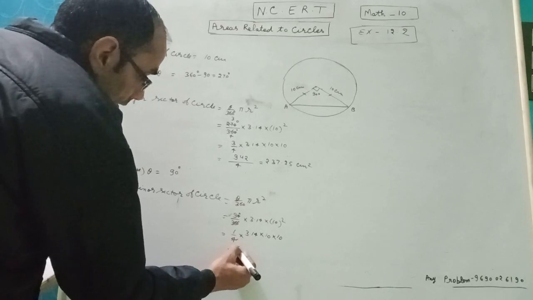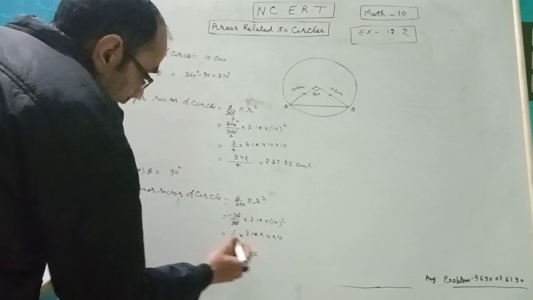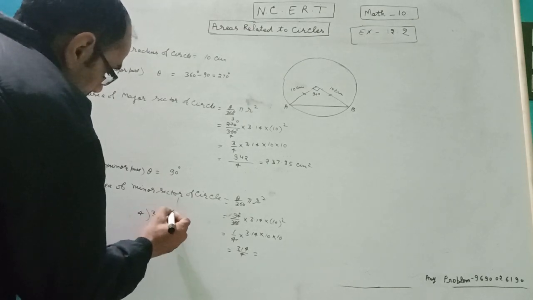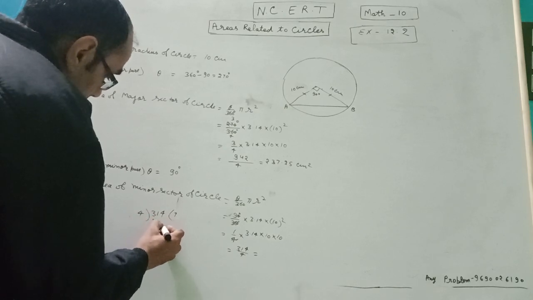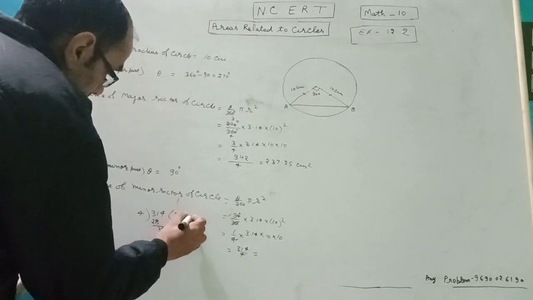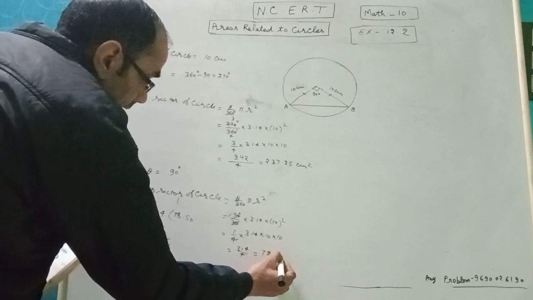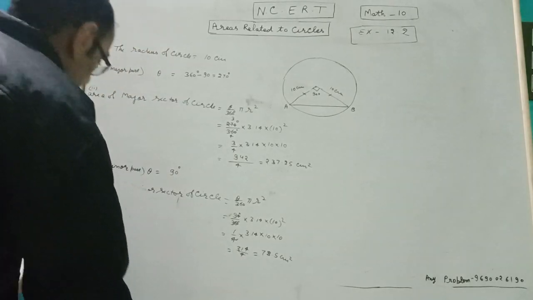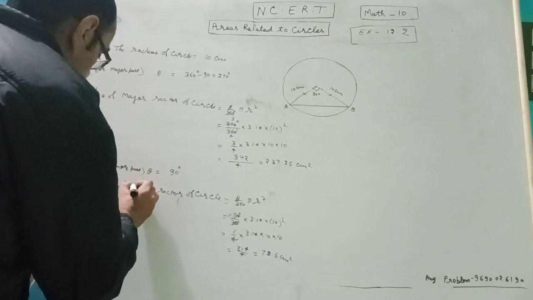After multiplying, 314 divided by 4 is 78.5 cm square, the area of the minor sector.